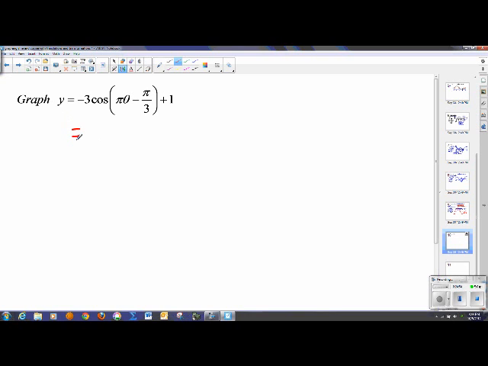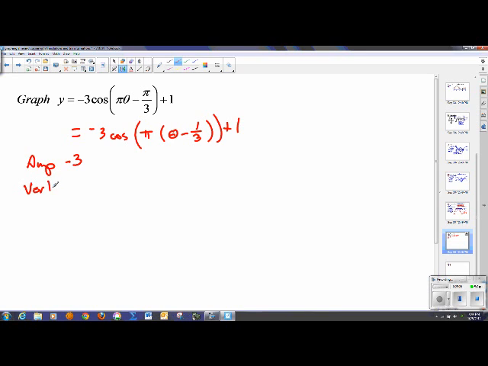So we take now negative 3 cosine, factor the pi out. We're left with theta minus 1/3, and add 1 to it. Amplitude, we'll call it a negative 3. Just means we're going to reflect over that horizontal axis.